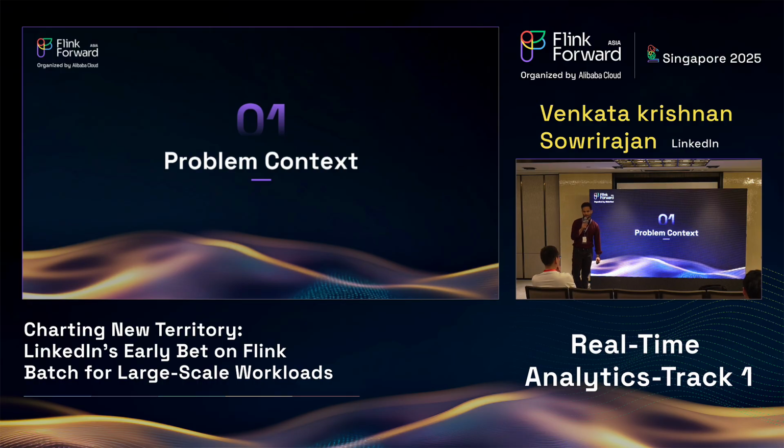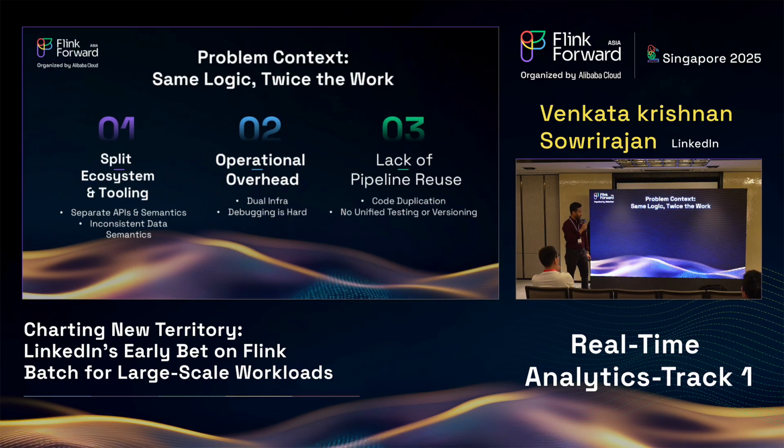The problem context, right? So at LinkedIn, we have been seeing exponential usage of Flink streaming, and naturally all these Flink streaming use cases also require periodic batch processing, either for bootstrapping a new model or fixing bugs or handling late events, things like that.